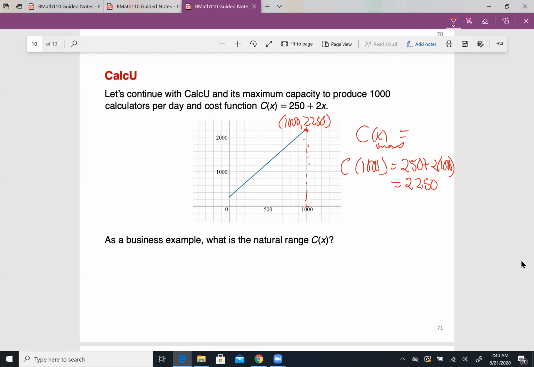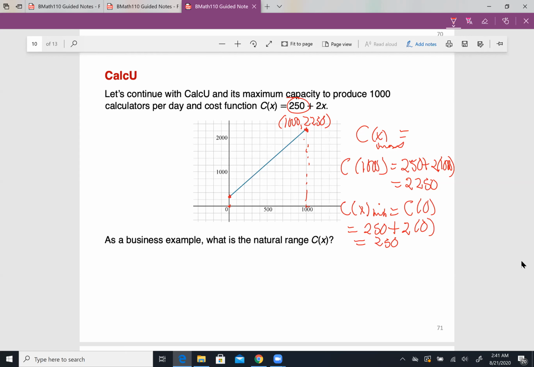For the cost minimum, that will be when x equals 0. So C of 0 equals 250 plus 2 times 0, which equals 250, which is a fixed cost over here.